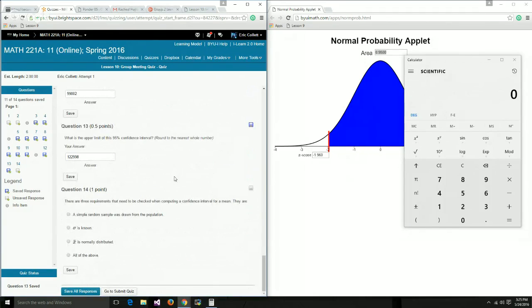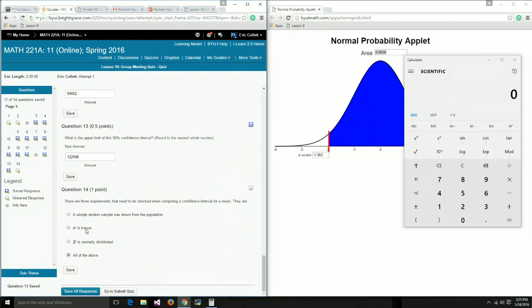So then the last question says, there are 3 requirements that need to be checked when computing a confidence interval for a mean. Well, there's 3 here. So I think all of them, isn't it?